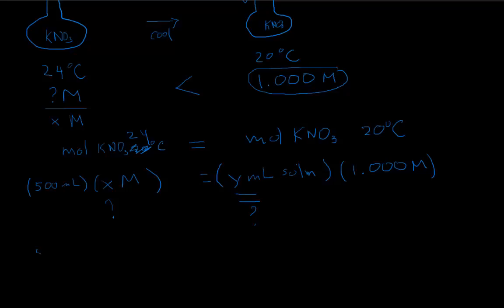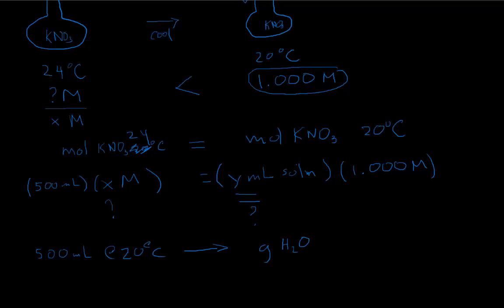If we know we've got 500 milliliters at 20 degrees Celsius, then we can figure out how many grams of solution we have here, and we're going to assume that most of this solution is water. So we want to figure out how many grams of water we have here.